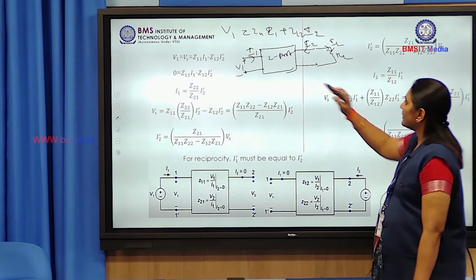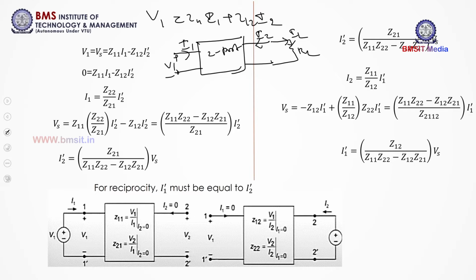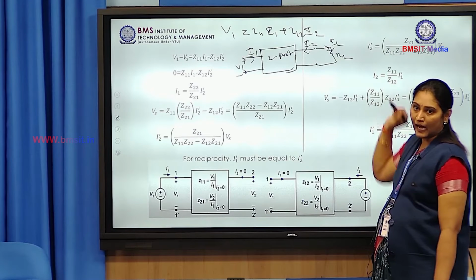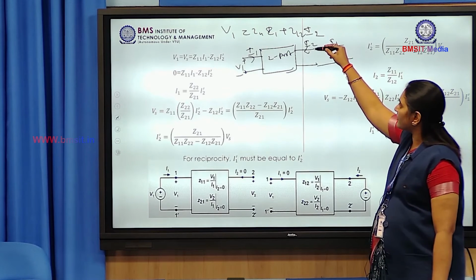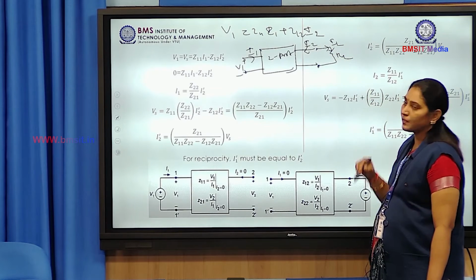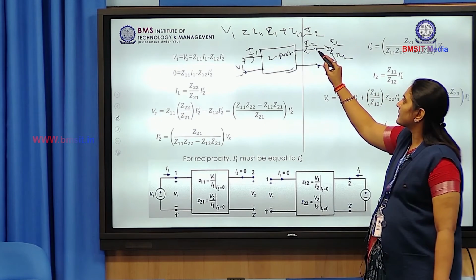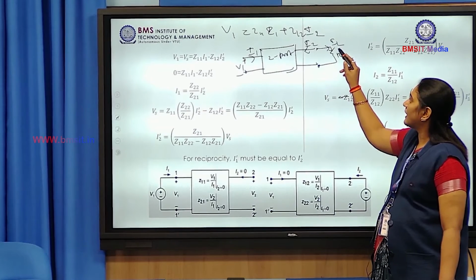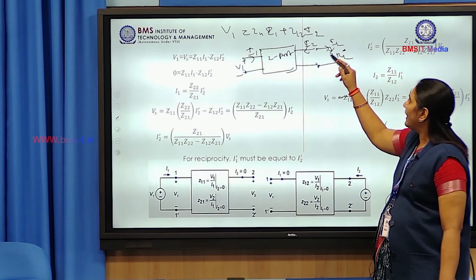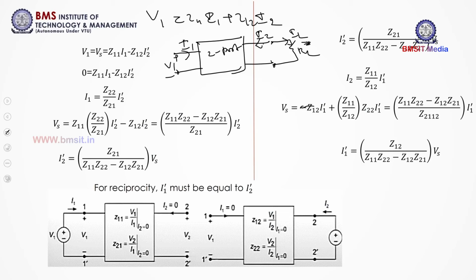So, consider a two-port network connected to a load resistance RL. At this point you can see the current through the RL is IL, and it is the same as the current flowing through this terminal, that is I2.